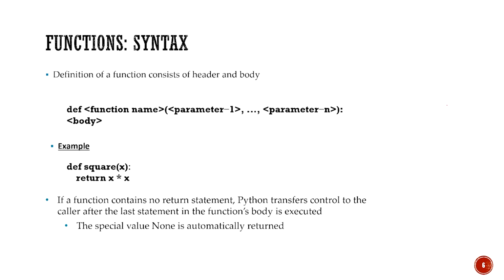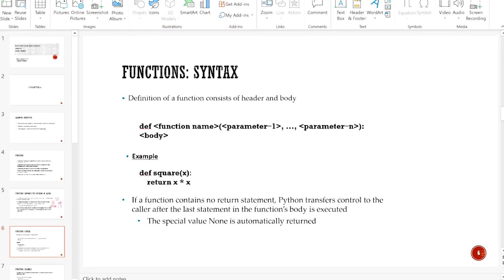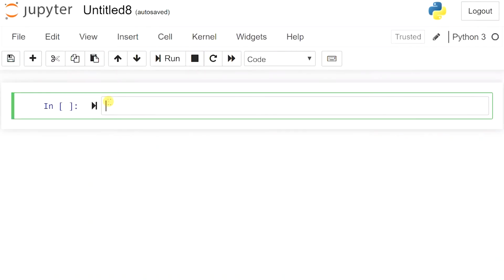Here you see a very simple example that calculates the square of a number. So we define our function, square. There is just one input argument, and then it returns x times x. So let's run this and see what it looks like in Notebook.